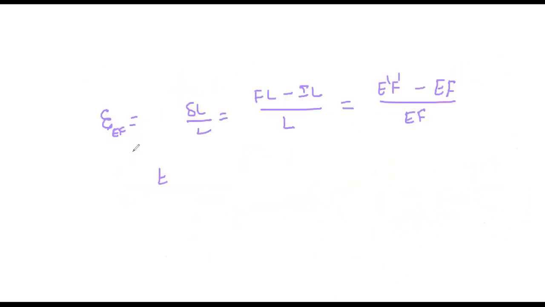So if I substitute here, I get the strain in EF is equal to E dash F dash minus NN, where NN is the neutral layer. Now I need to determine E dash F dash.